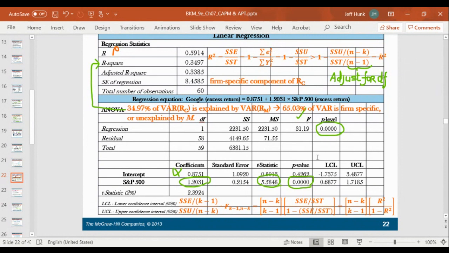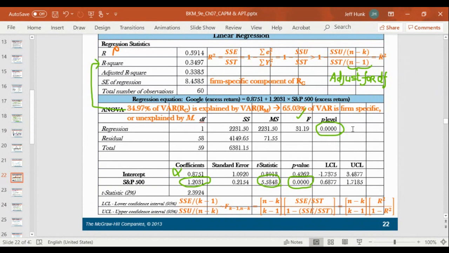I'm going to get to that shortly, but I would say it's good. It means this regression is significant.